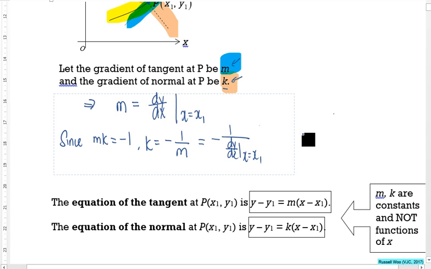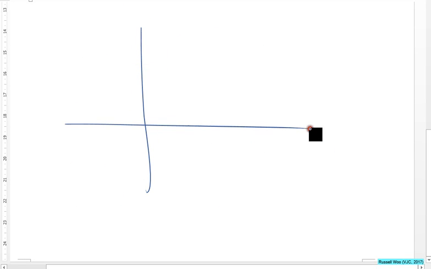Okay, I give you an example. Easier. Look up. I want to be very clear. Let's say I tell you I have a point (2, 3), and I tell you the gradient of this line equals 3 over 2. Can you find the equation?